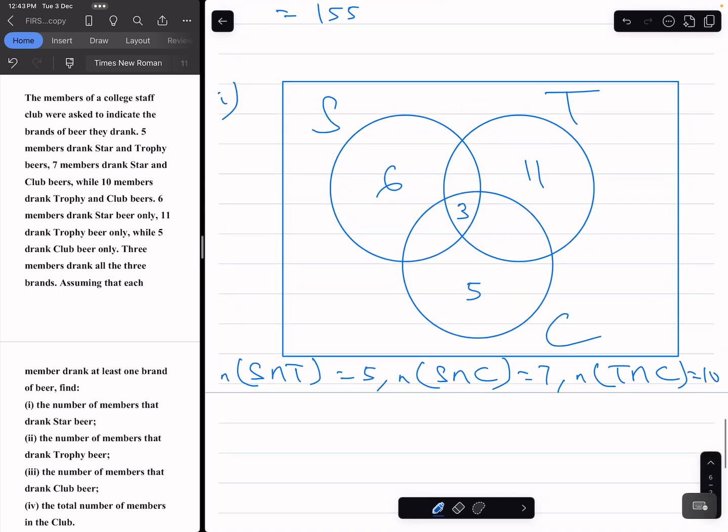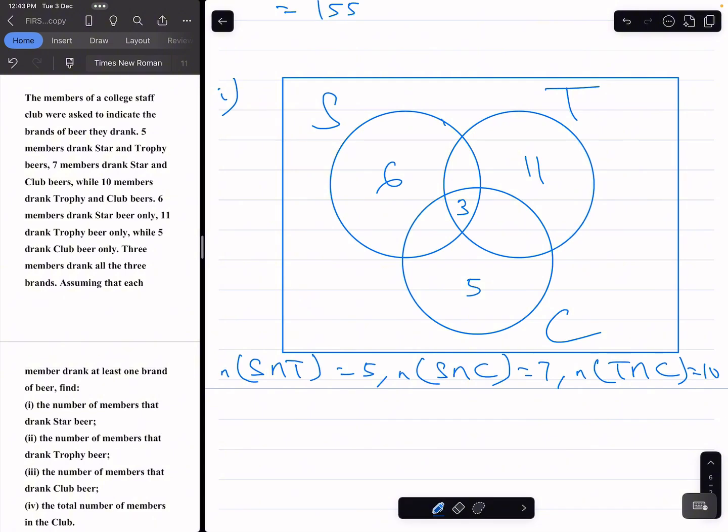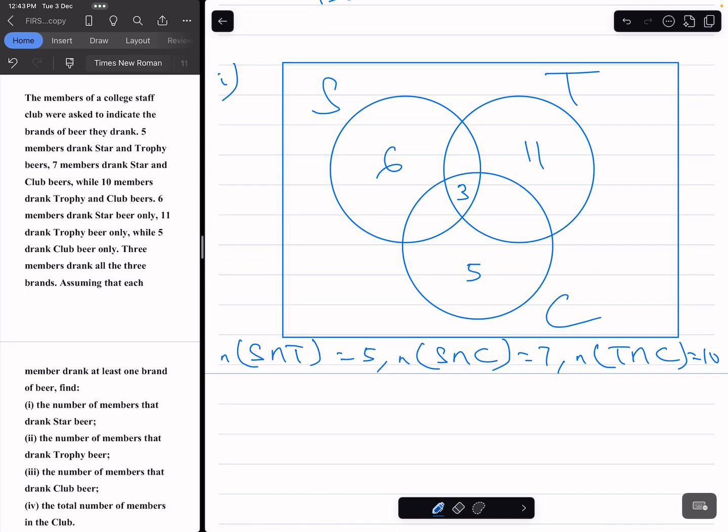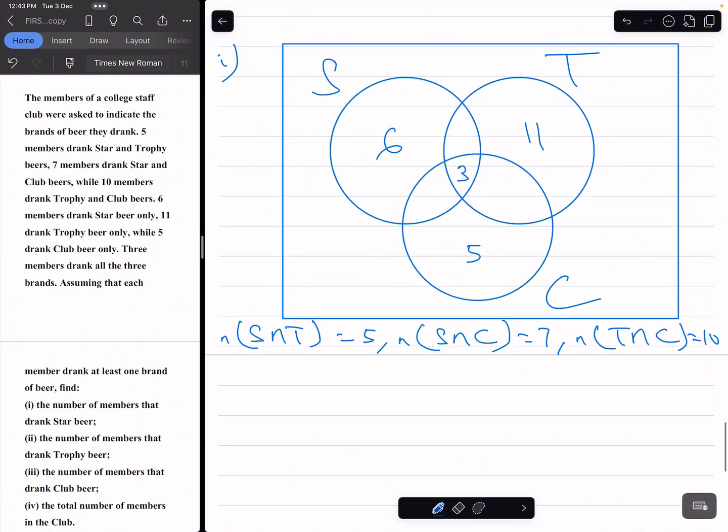The number of members that drank Star beer will be all the elements inside the set S. So what do I do? Okay, they already said 5 members drank Star and Trophy. The whole of this is 5. So if this is 3, that simply means this will be 2. 7 members drank Star and Club beer.